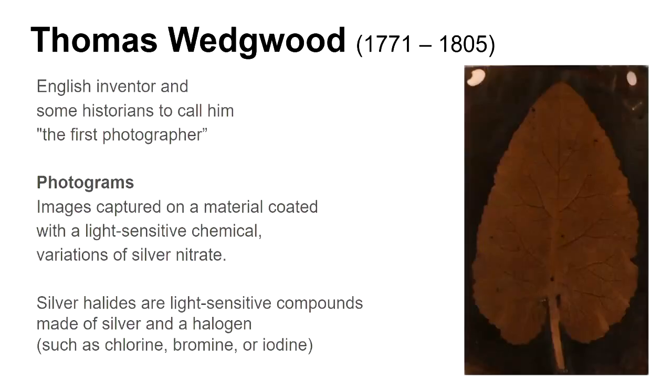Some people call him the first photographer. He created these things called photograms, where basically he was taking an image and coating it with a light-sensitive chemical. When I say silver nitrate as a light-sensitive chemical, there are lots of variations of that. So it's light-sensitive compounds made of silver and halogen. It could have been mixed with different things; they were all experimental. But ultimately, with this photogram, you take an image, lay it down on a plate that's been covered with this photosensitive material, and you put it out in the sun for a while.